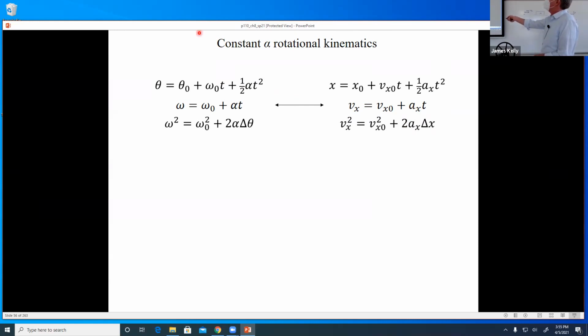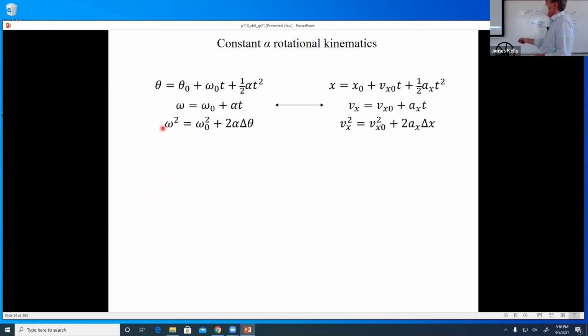Notice what's changing between the left side and the right-hand side. They're the same equations, but everywhere you have a linear quantity on the right, you have an angular quantity on the left. So angular position equals initial angular position plus angular rotation rate times t plus 1/2 angular acceleration times t squared. You're just replacing all of those things with their angular analogy.